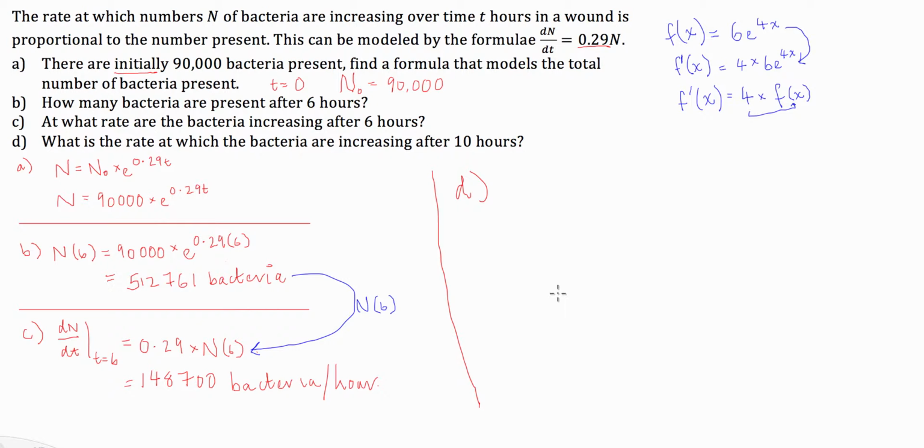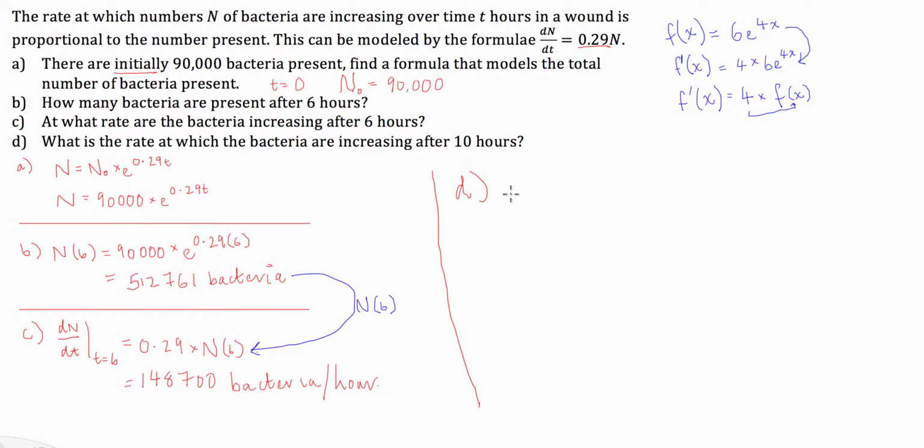So, in D, what is the rate at which the bacteria are increasing after 10 hours? Basically what D is asking us to do is exactly the same thing as we did in B and C. First of all, we have to work out what the actual number of bacteria is at 10 hours, and then we just multiply it by 0.29.